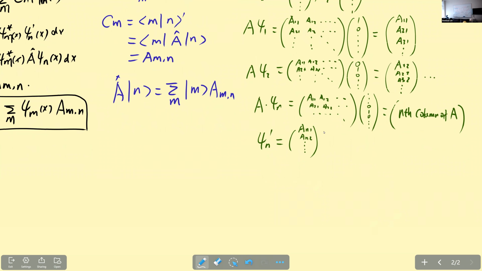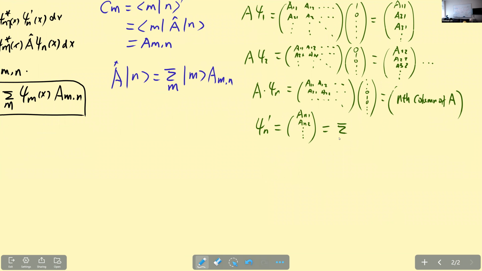But remember, this can also be written as a summation of, if you want, MCM and the percent M, right? And with the CM equals to the coefficients, that's CM.